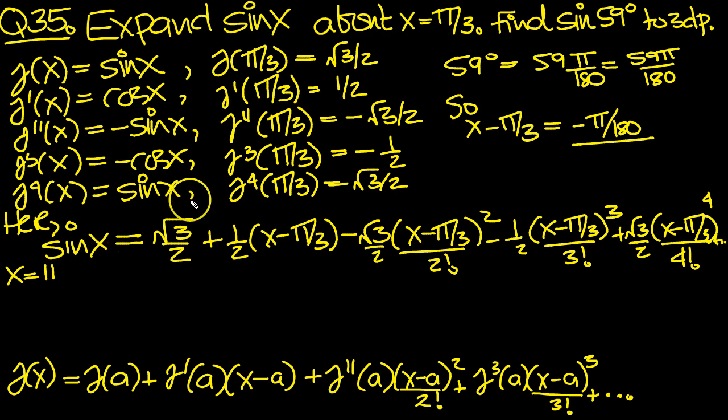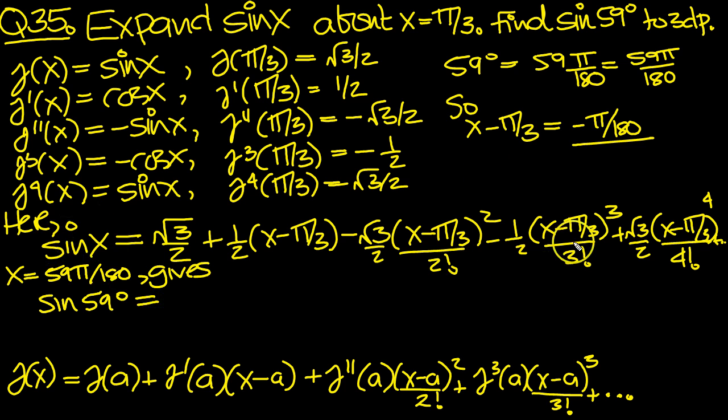So x equals 59 pi over 180 gives, and that would be 59 degrees, so we can simply write that as sine 59 degrees because it's the same thing, although we always work in radians all the way through with these calculations.